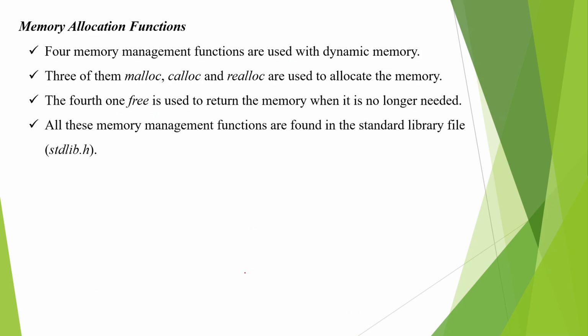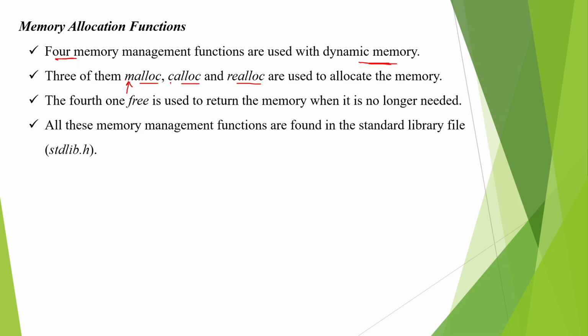Now, memory allocation functions. As I said, we have different types of memory allocation functions for doing dynamic memory allocation. Three of them are malloc, calloc and realloc. Malloc stands for memory allocation, M for memory and ALLOC for allocation.